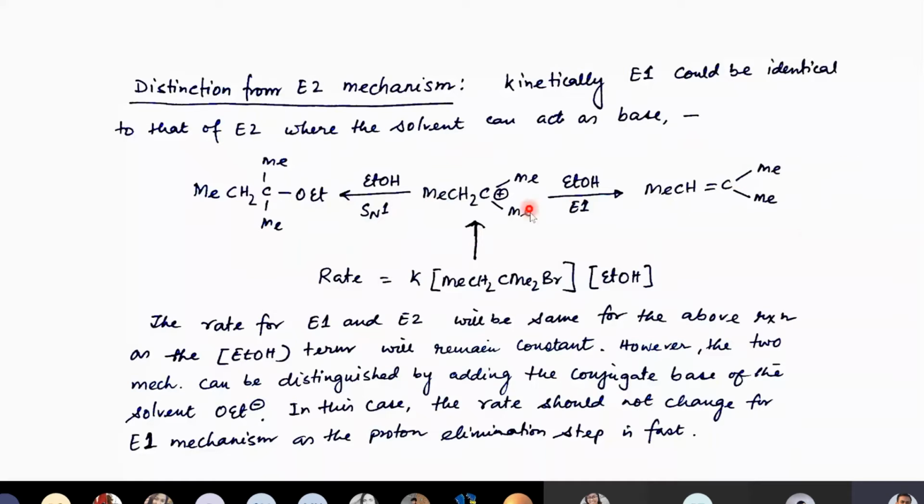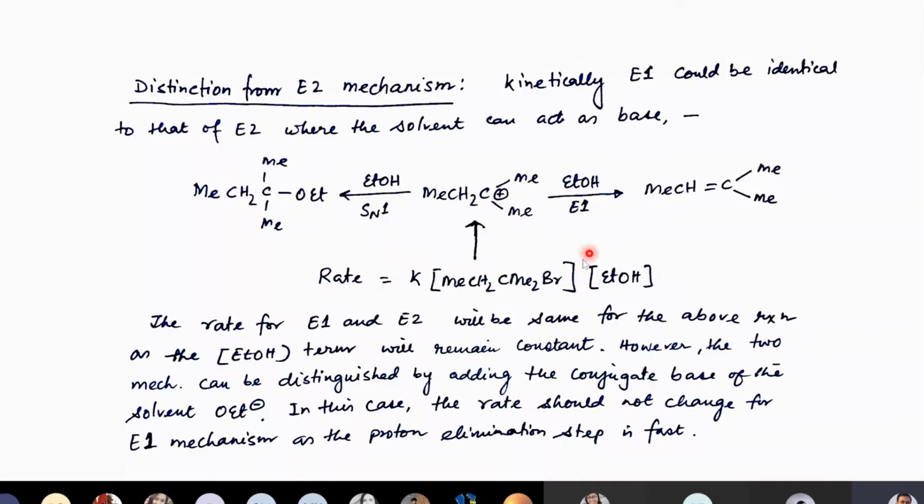Okay, so now if we write the rate equation, then of course the formation of this positive charge is the rate-determining step, but one can write the rate equation as rate constant, concentration of your starting material, and ethanol.